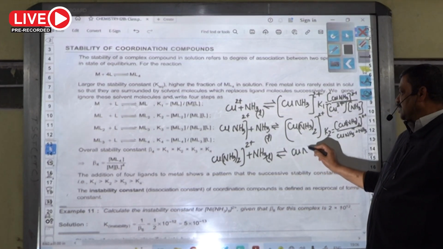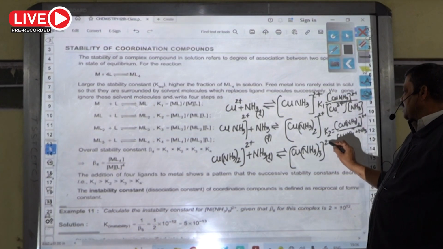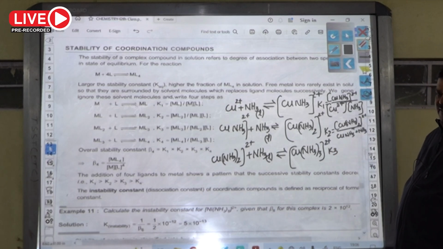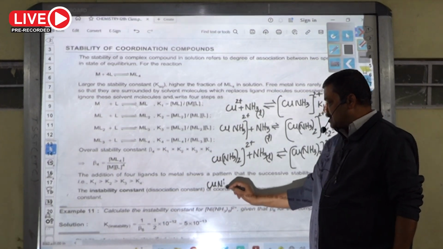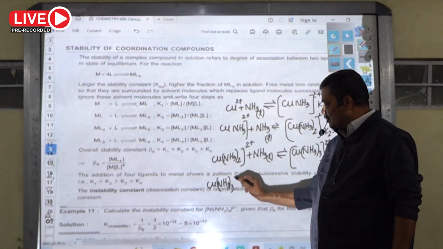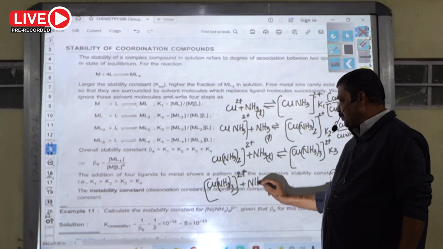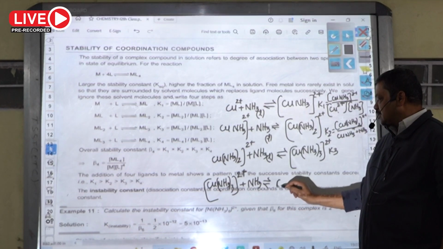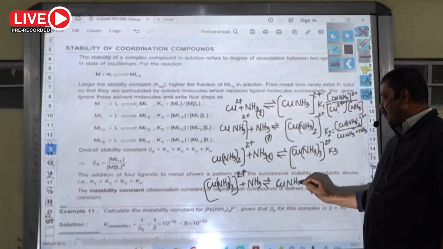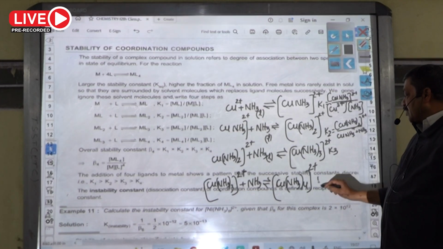CuNH3 thrice 2 plus. Similarly, you can write K3 for this. And the last one, CuNH3 thrice 2 plus is treated with one more ammonia. So I got CuNH3 4 times 2 plus, and K4 also you can calculate.